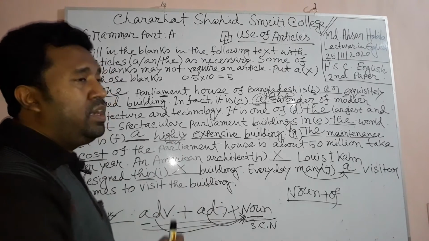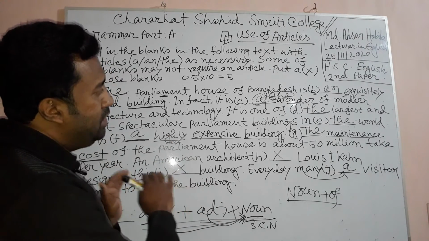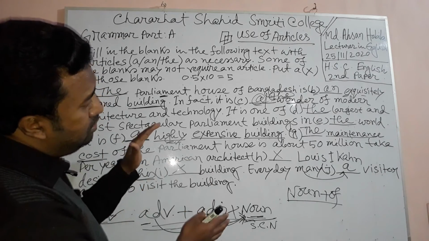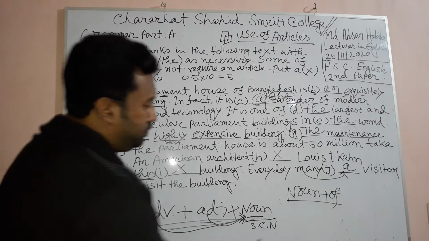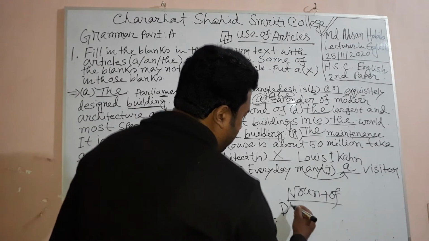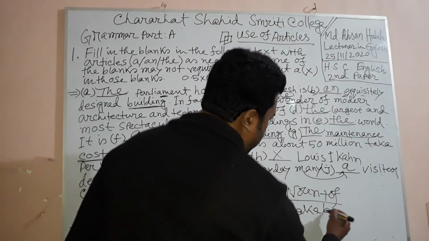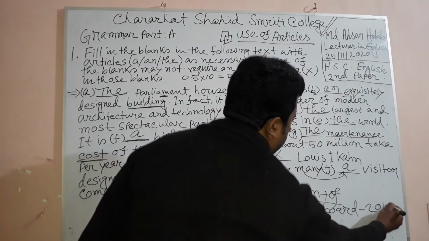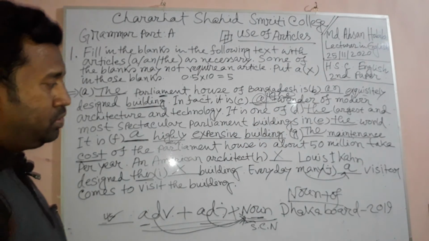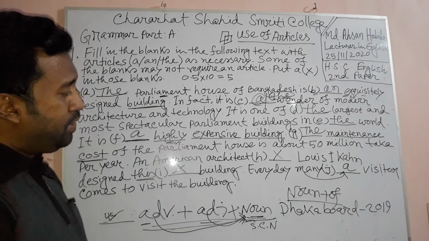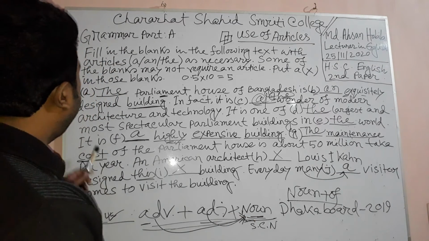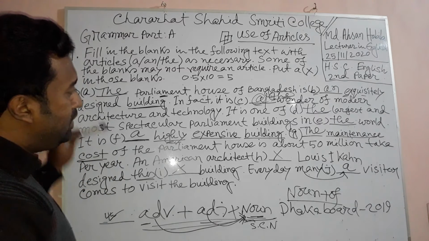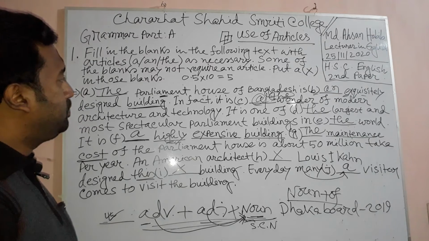So in this way, if you read articles in this way, this is the sample question, and this question I have taken from Dhaka Board 2019. So in your book you will find Dhaka Board 2019. This question you can find in your book, and in this way you have to practice.